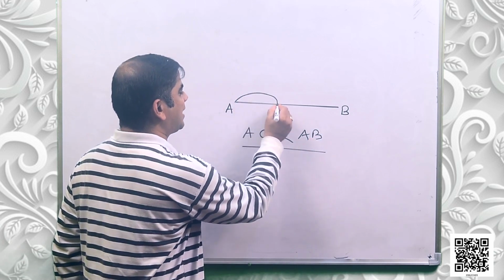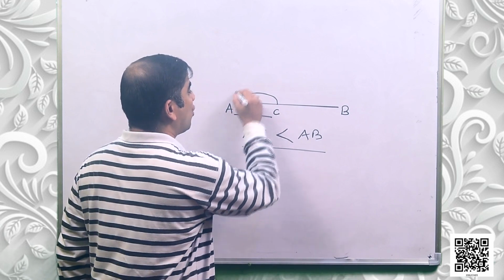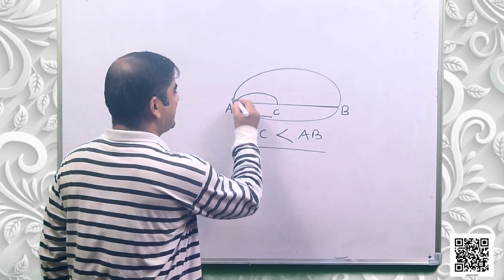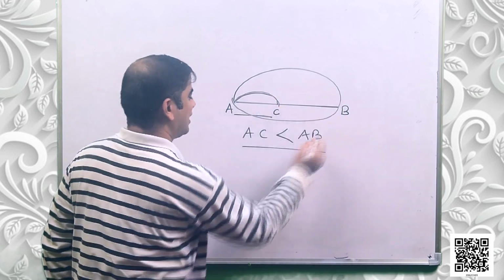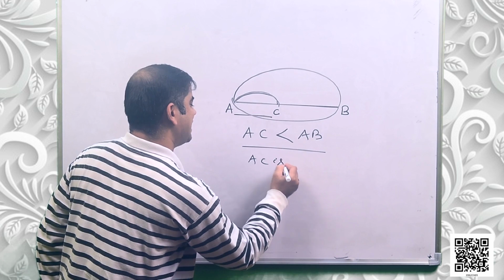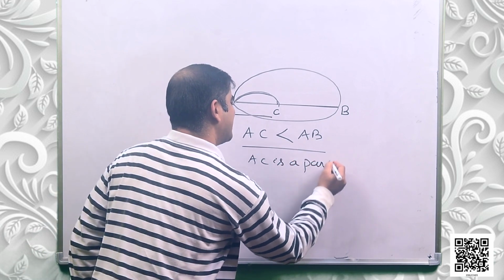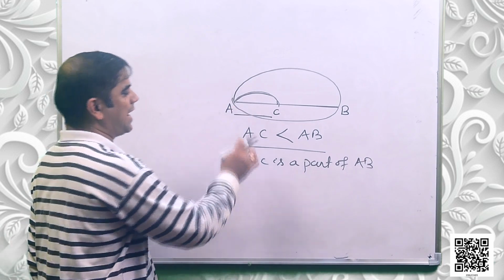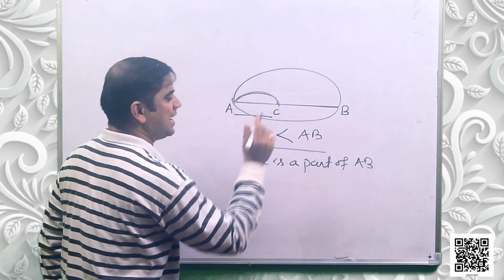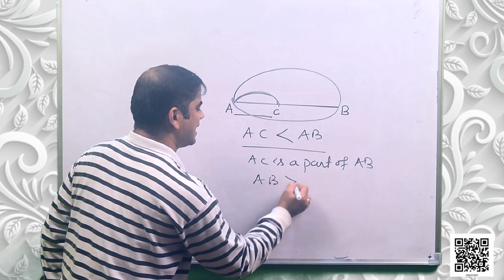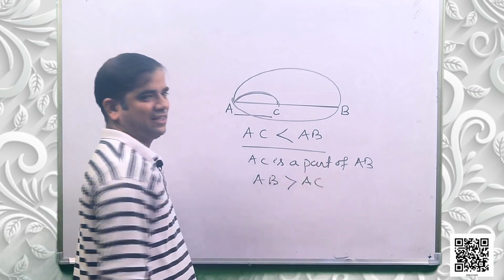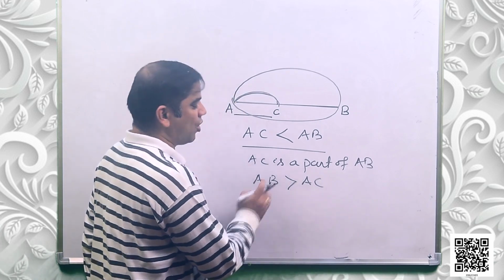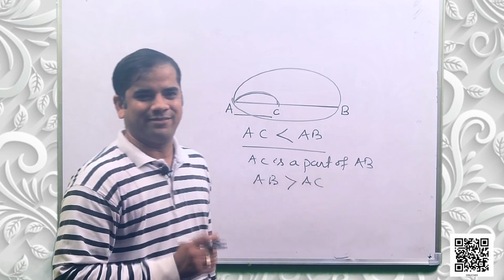AC is nothing but a part of the whole. That means AC is a part of AB, and it is obvious from the diagram that AC is less than AB, or AB is greater than AC. So it is a universal truth that a whole is always greater than a part.